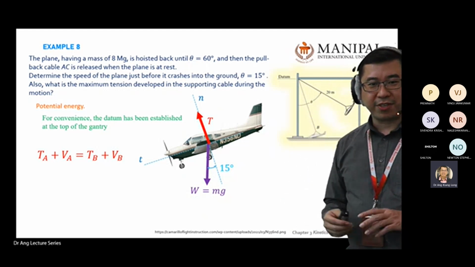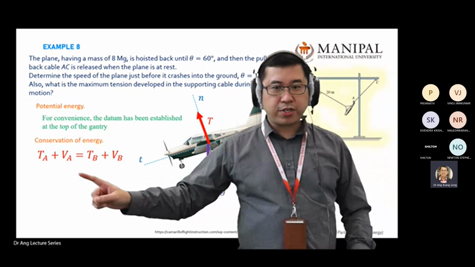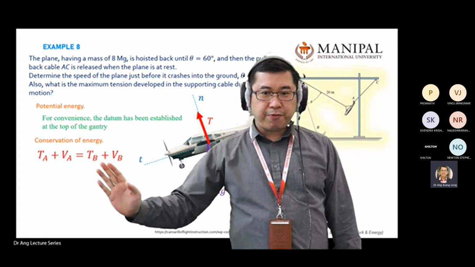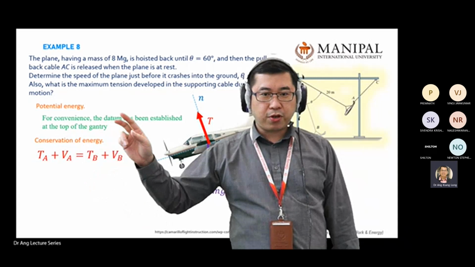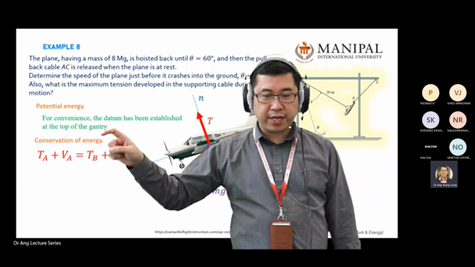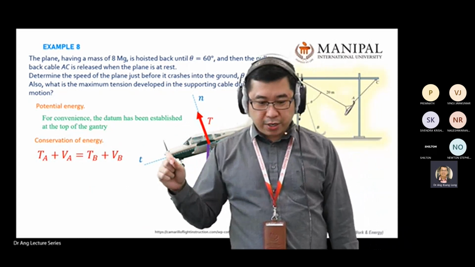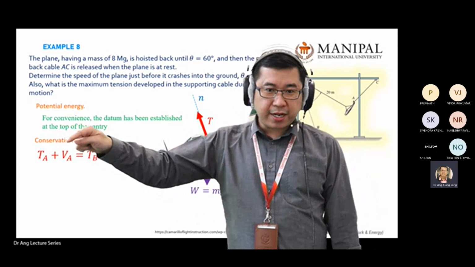So for the conservation of energy equation, on the left will be before and on the right will be after the event. If you talk about conservation of energy, you only consider the mechanical energy, which consists of kinetic and potential.